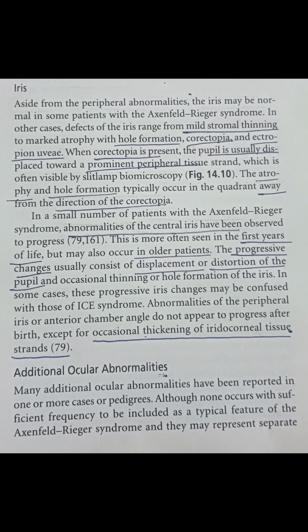Iris. Aside from the peripheral abnormalities, the iris may be normal in some patients with Axenfeld-Rieger syndrome.